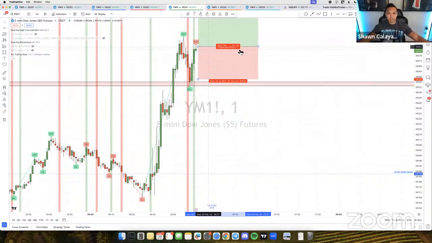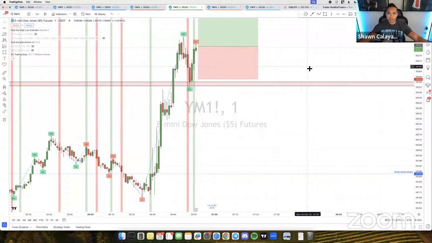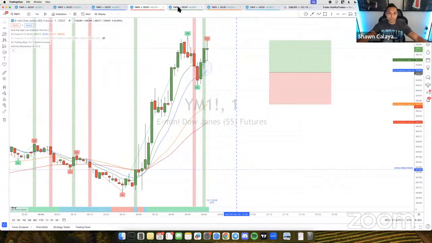I'm looking for this candle here to close green, and this will be the breakout V3 entry. It's got a lot of time on it though. It still has like 43 seconds, so it's not exactly ready just yet.